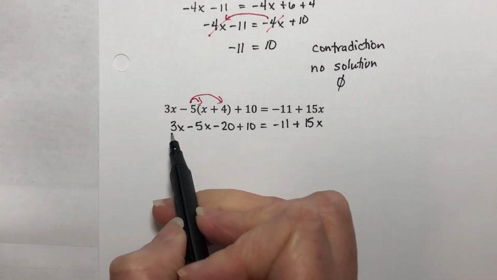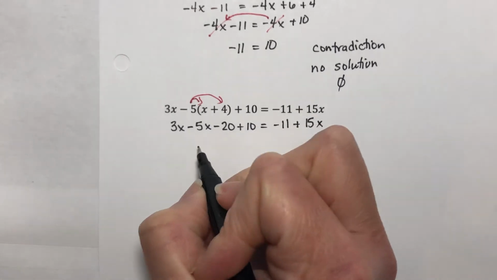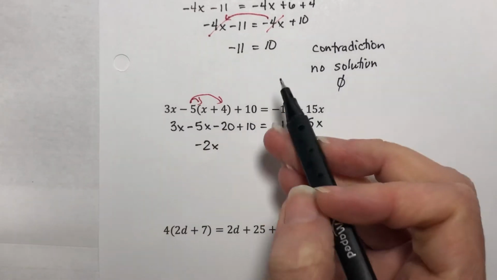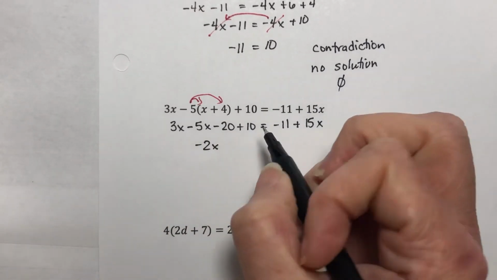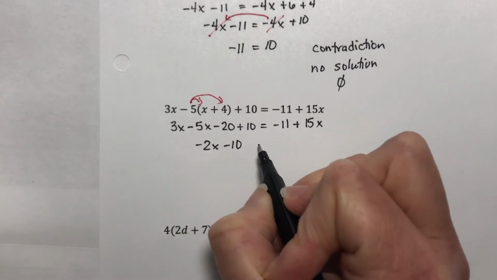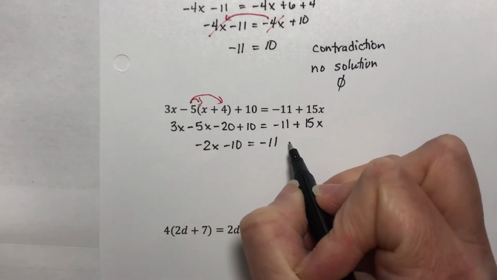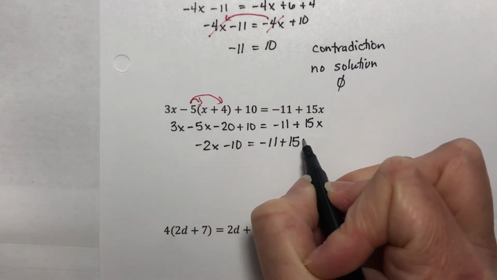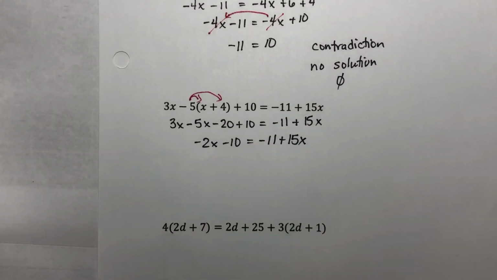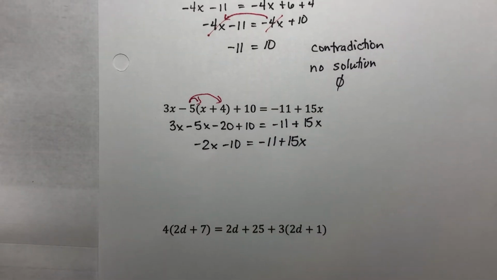If I combine right here, 3 minus 5, that's a negative 2x. Negative 20 plus 10 would be negative 10. And recopy the right.